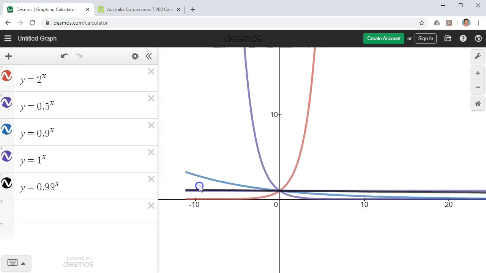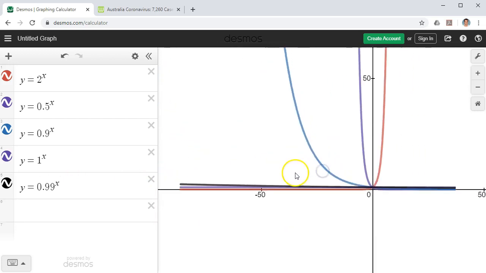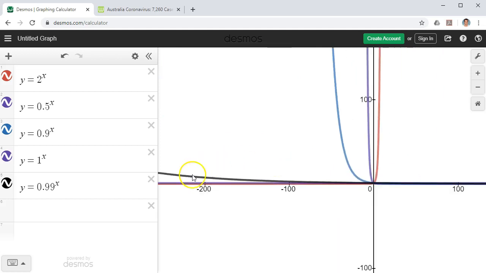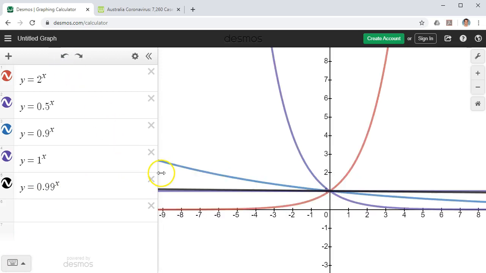And if I zoom out, you'll see that eventually it does curve up. And the more 9s I put in here, the flatter the curve starts to get. Let's go back to where we were before. Alright, so we've learned that as our decimal gets closer and closer to 1, our curve gets flatter.